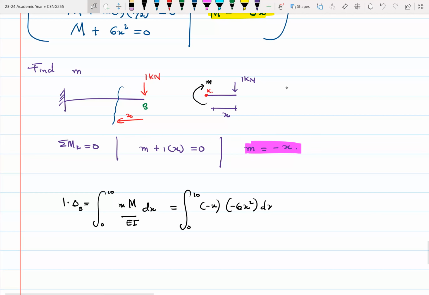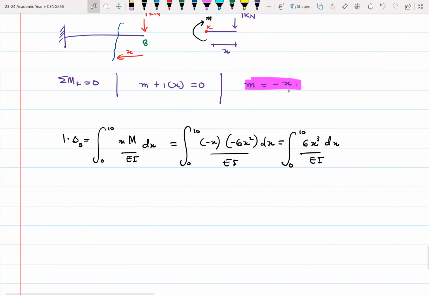So this becomes 6x cubed dx over EI. So my 1 times delta B will be equal to, I can bring the 1 over EI out here, then I'll just get the integral of 6x cubed dx.